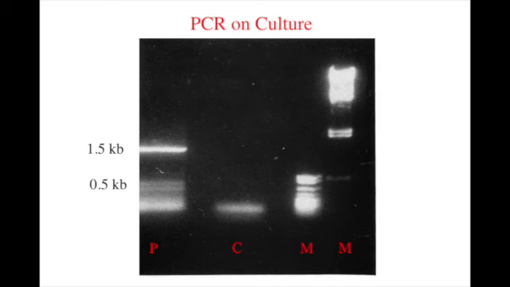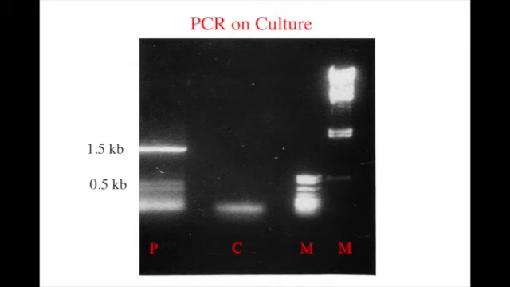Now, if the positive polymerase chain reaction found in the patient is due to these viruses, then the virus culture should also be PCR positive. Indeed it was. This photograph is of an agarose gel of polymerase chain reaction performed on the patient's culture in comparison with the PCR performed on a control culture.